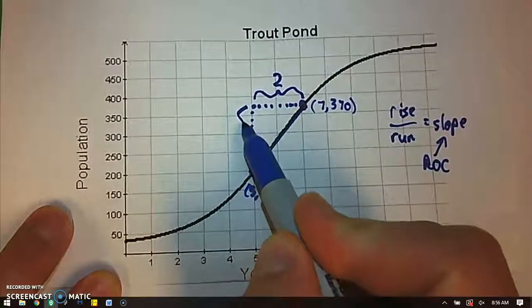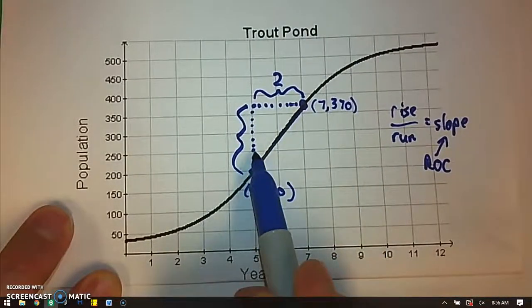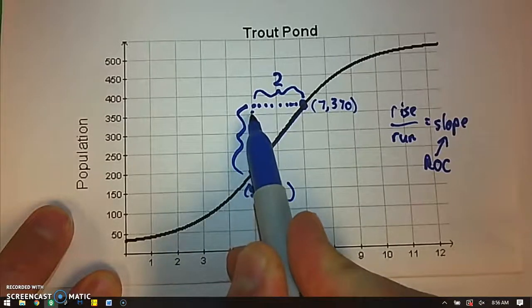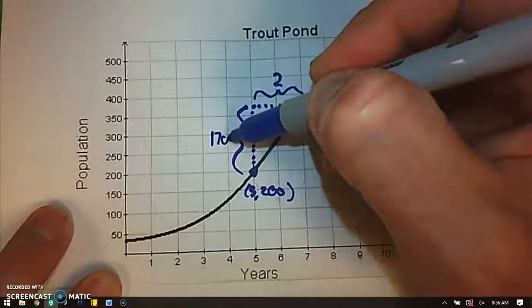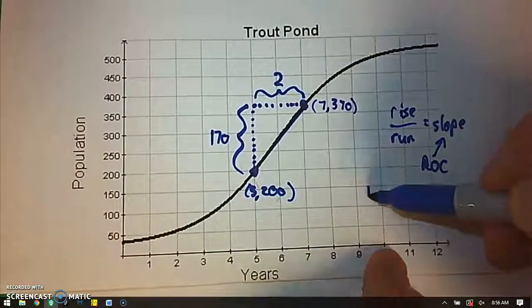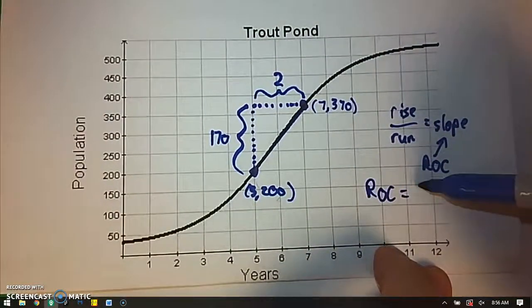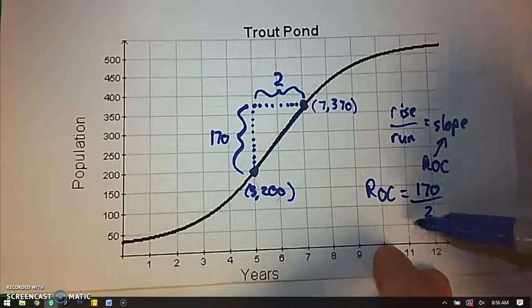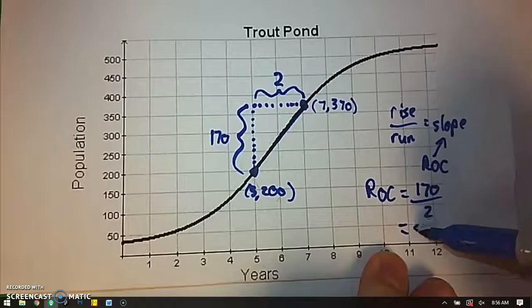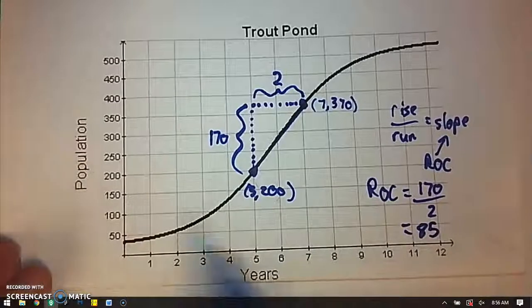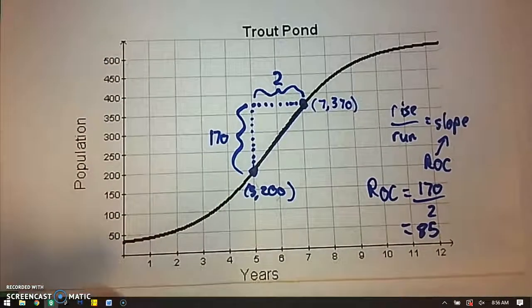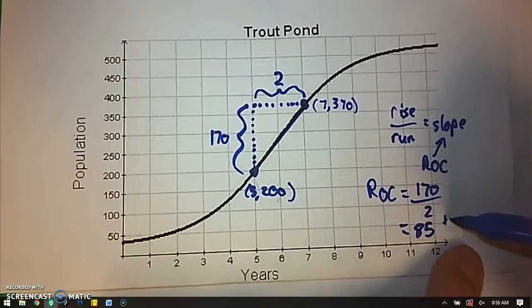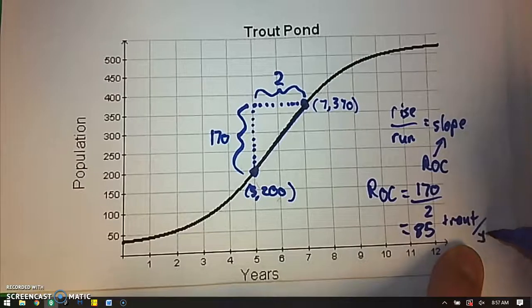The rise is going to be 50, 100, 150 plus another 20 or so, so it's 170. And so our rate of change can be found as 170 divided by 2, which is 85. And then we just take the population, so fish per year. So that's trout per year.